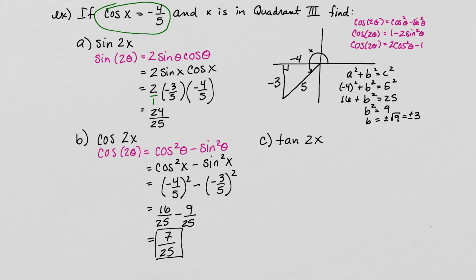So kind of like I said, a lot of these are just about trying to find the correct part on the unit circle, or find the right identity on the trig sheet.